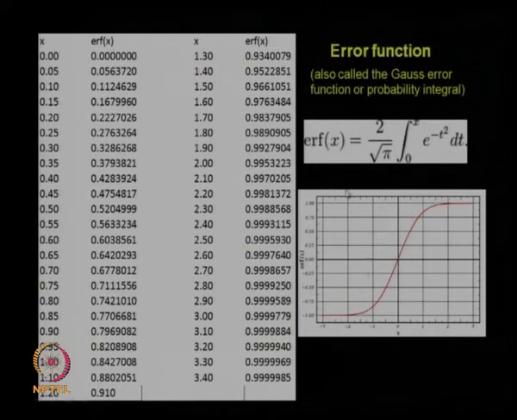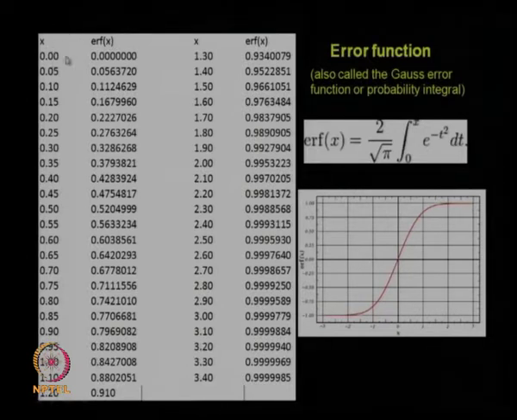If you look at the function, it looks like a sigmoidal curve. Between 0 and 3, it starts from the value of 0 and then it goes up and saturates at 1, and in the negative direction again it starts from 0, goes down and saturates at minus 1. So there is a table which gives numerically integrated values of the error function for different values of x.